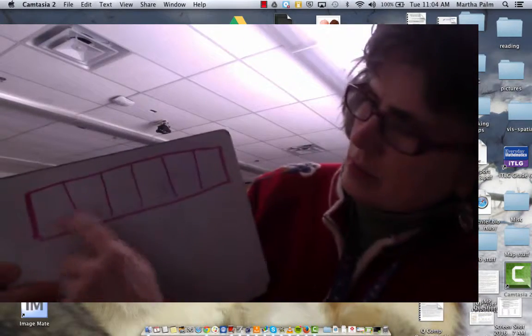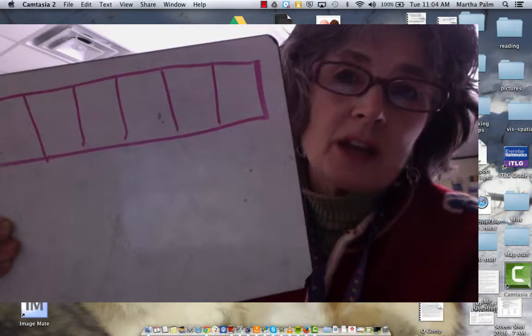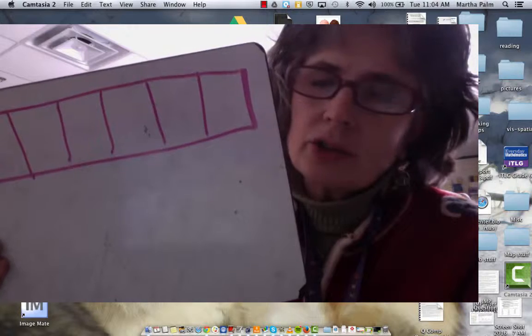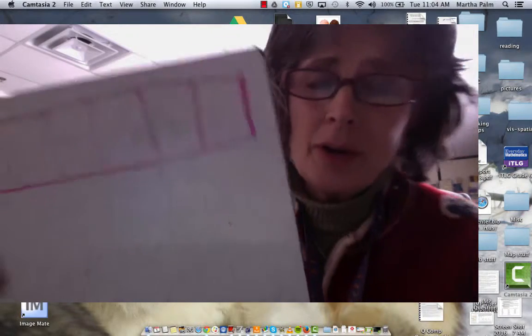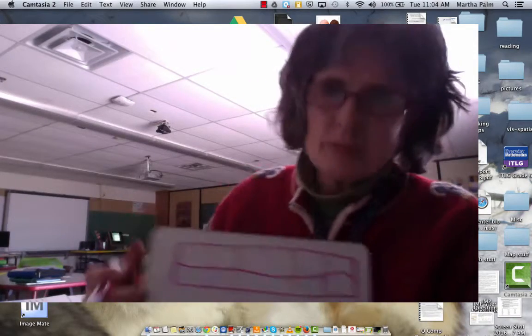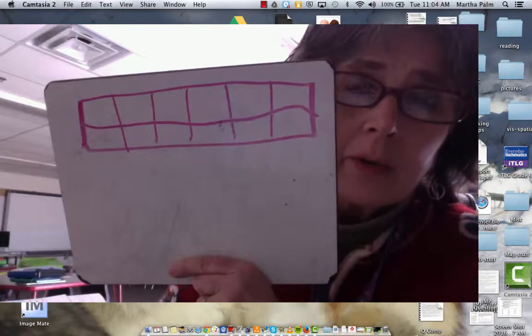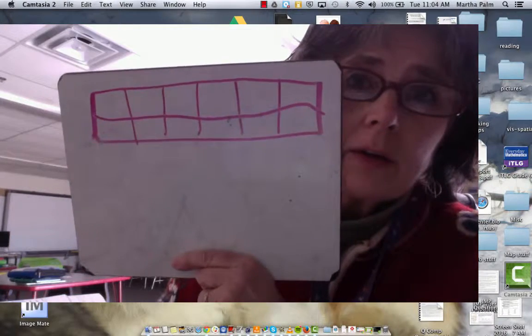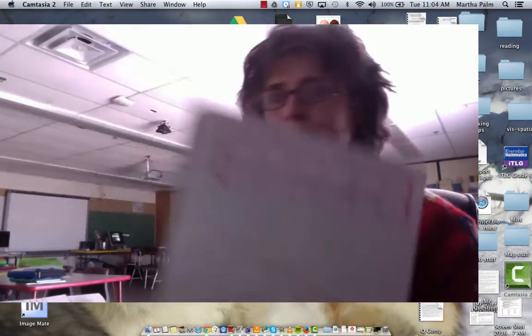So then it's 1, 2, 3, 4, 5, 6. 6 sections, which is lucky because it's 6 pounds of candy. But I don't want just 1 pound things of candy. I want a half a pound. So if I draw a line right through here, pretend that's straight, then each one of those is a half pound. And then what you do is you just count and see how many that is.